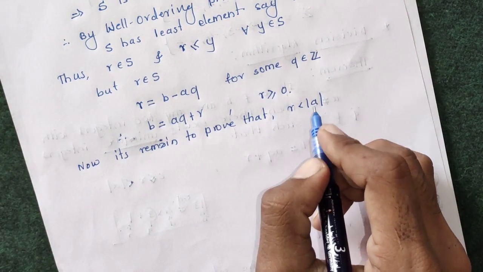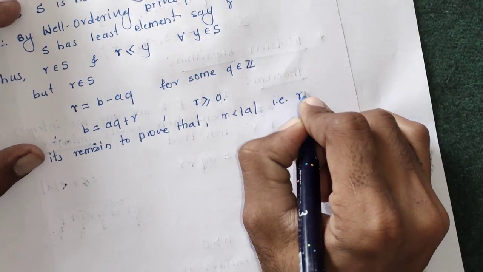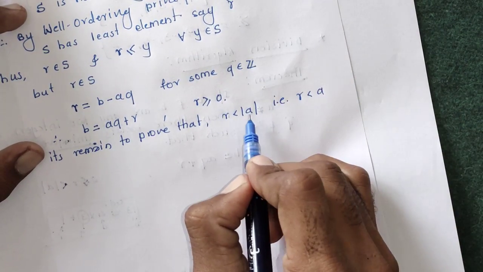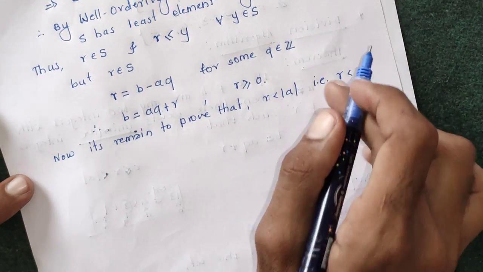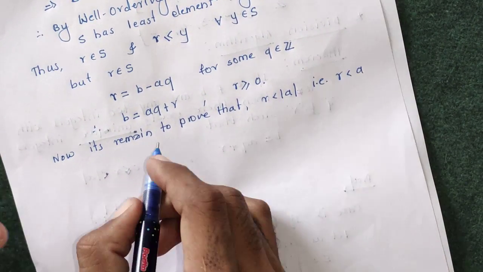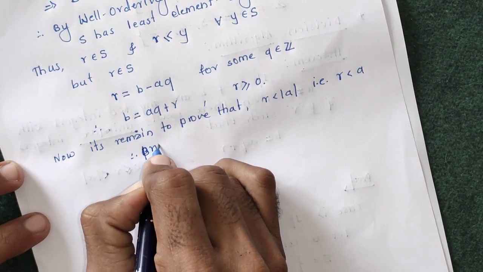Here we have taken a to be positive, so mod a is again positive, that is, we have to prove r is less than a. a is positive, so mod a and a are the same. This we will prove by contradiction.